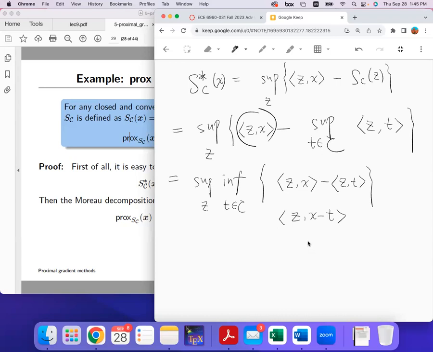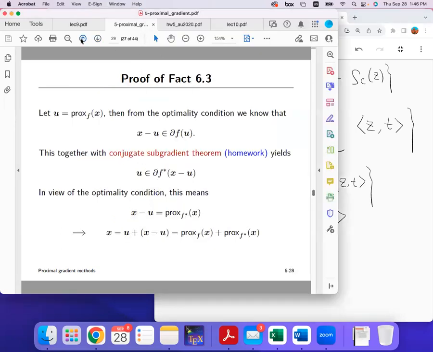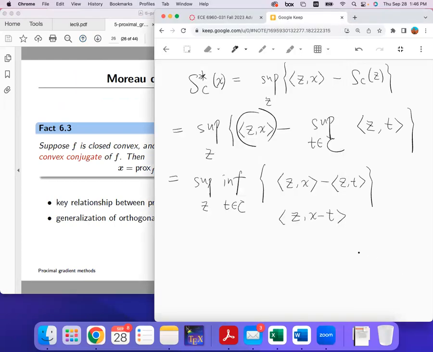So I have a supremum over z and an infimum over t, and I think in this case we can swap the supremum and infimum by duality. I probably need to think about this more carefully.